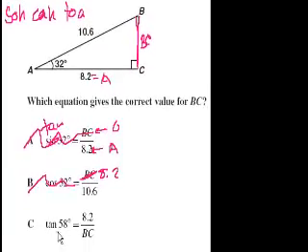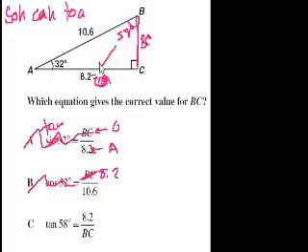The next one is tangent of 58 degrees. Where are they getting that 58? They know that this angle is 32 and this is 90, so it's going to be 180 minus 32 minus 90, because the angles in a triangle add up to 180. So this angle right here is 58 degrees. If we use that angle, we have to relabel opposite and adjacent. From this angle's point of view, tangent is opposite over adjacent.